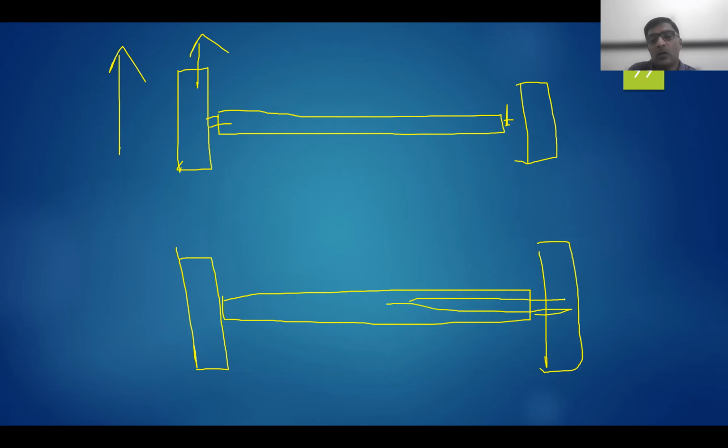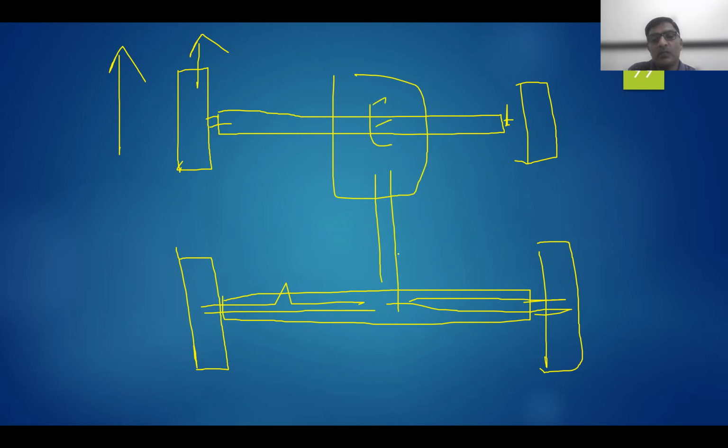So this way, and here engine and drive is given to these rear wheels. So this is front engine rear wheel drive.